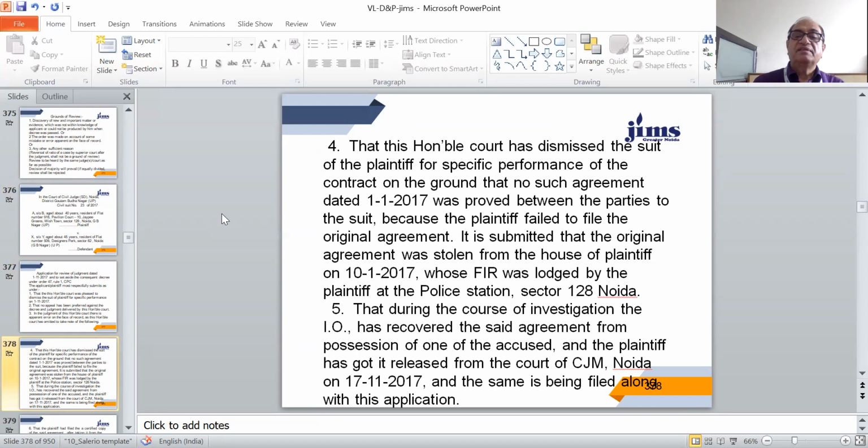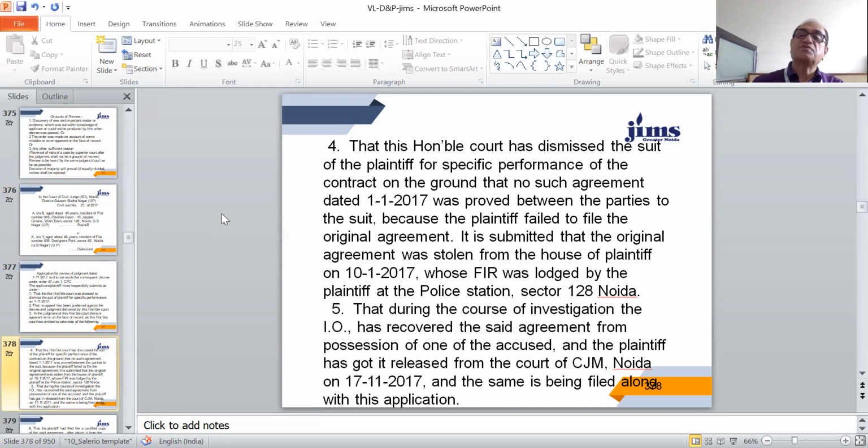Para 5. That during the course of investigation, the IO has recovered the said agreement from the possession of one of the accused. It is my good luck that the original agreement dated 1/1/2017 has been recovered by the police. And the plaintiff has got it released from the court of CJM Noida on 17th November 2017. After passing of the judgment, I got the possession of the original agreement.